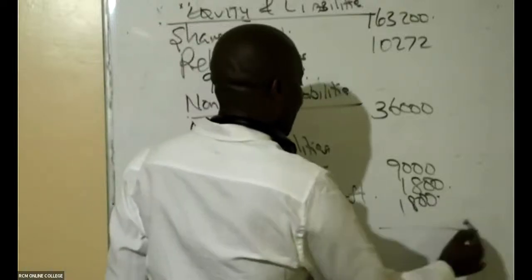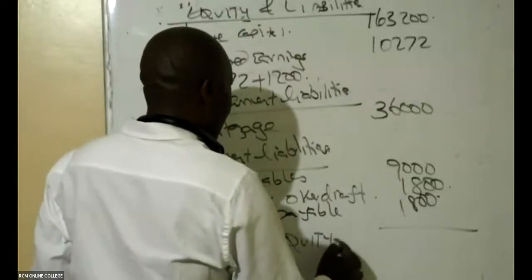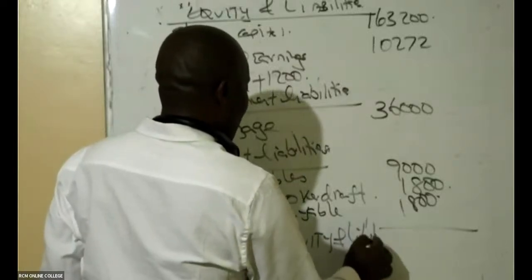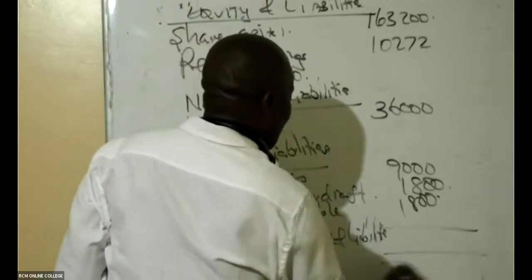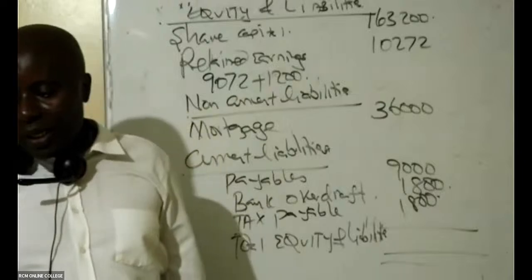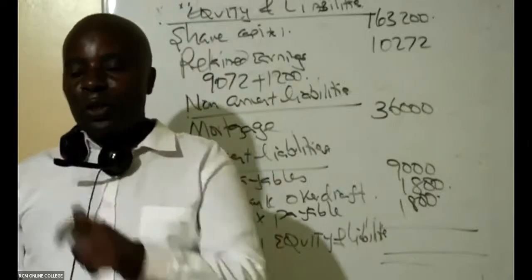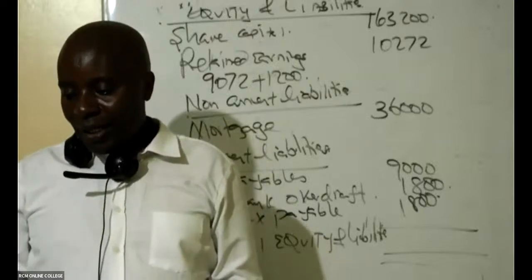So we add everything to give us total equity and liabilities. Unless we are thieves, everything should balance with our total assets. It's only thieves who can't account for how they raised their assets.